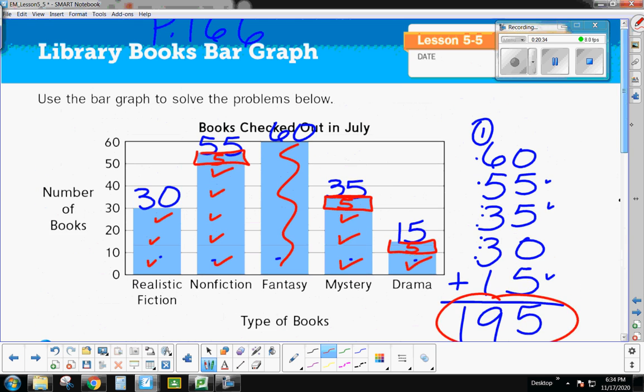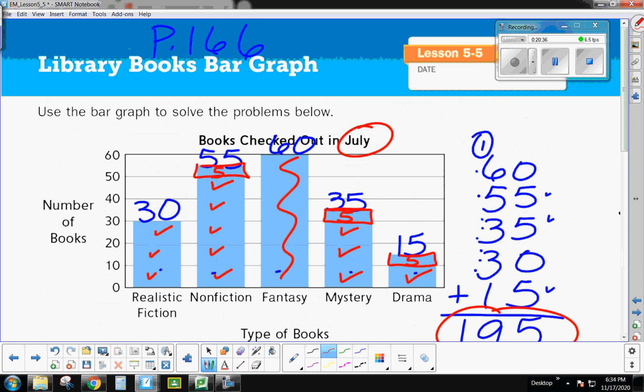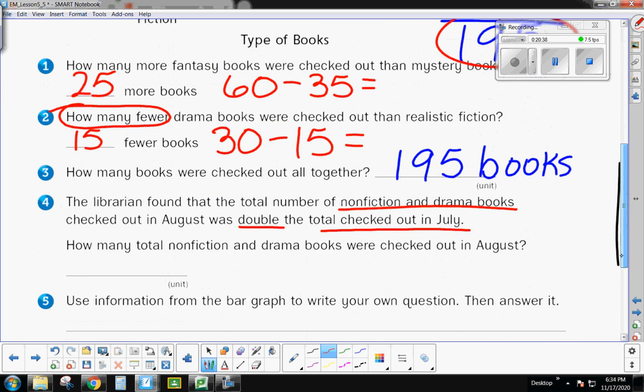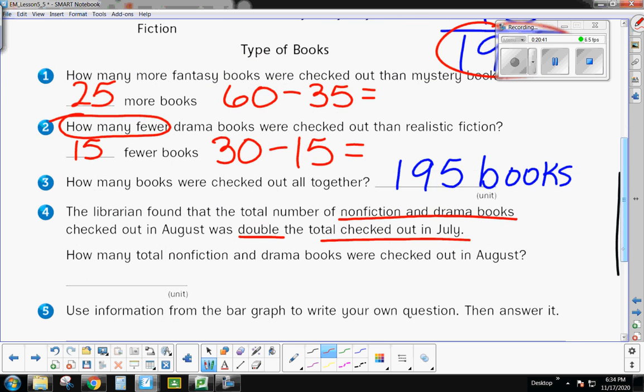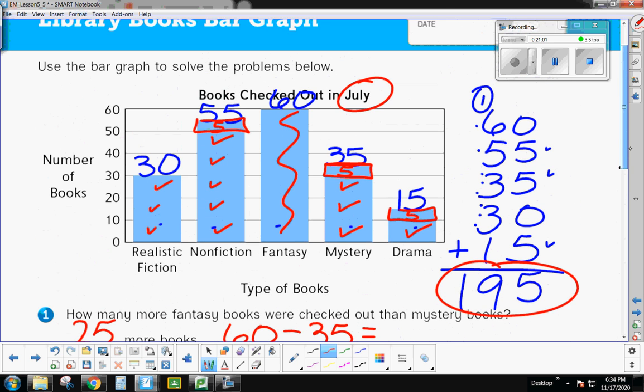So this is a bar graph for July, but they're giving us information that says that the total number of nonfiction and drama books checked out in August was double that in July. So what am I going to have to do to find that answer? And hopefully you really gave this a good effort. So first I needed to find out how many nonfiction and drama books, right? So let's go to nonfiction and drama.